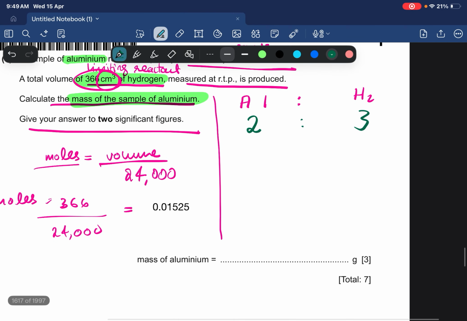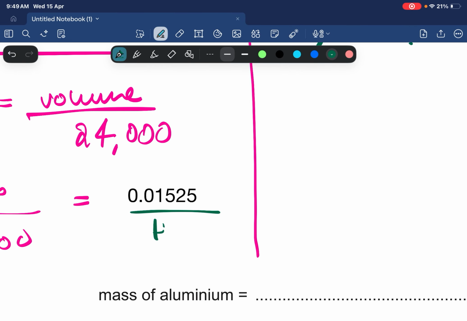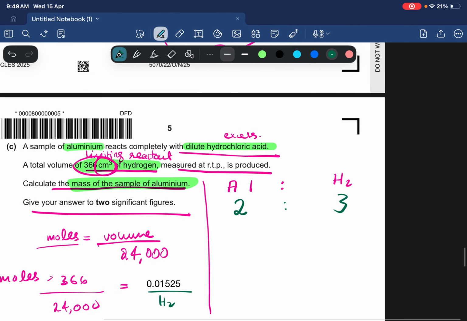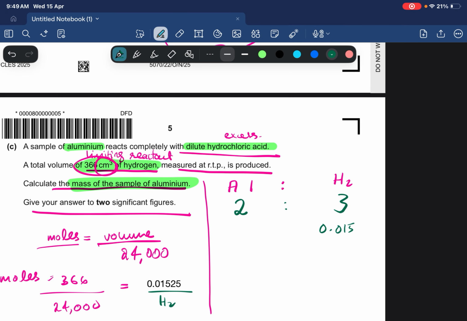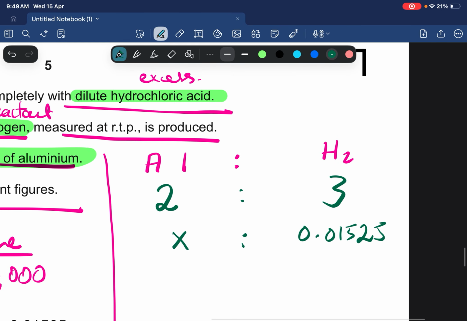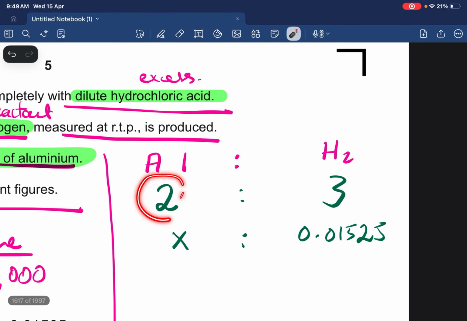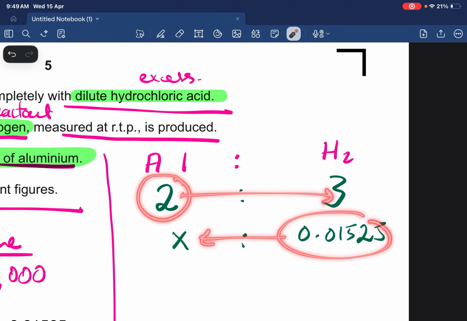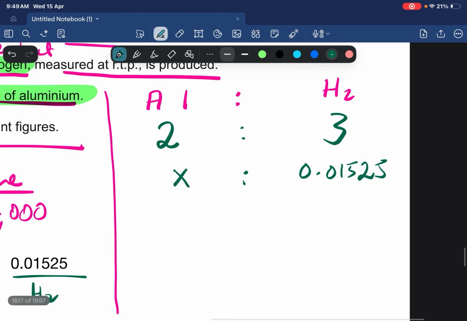Now, if these many moles of hydrogen are formed, which is 0.01525, how many moles of my aluminum are going to be reacting? Got it? What are we doing? We're forming ratios. This forms this. So if this is formed, what's going to be this?